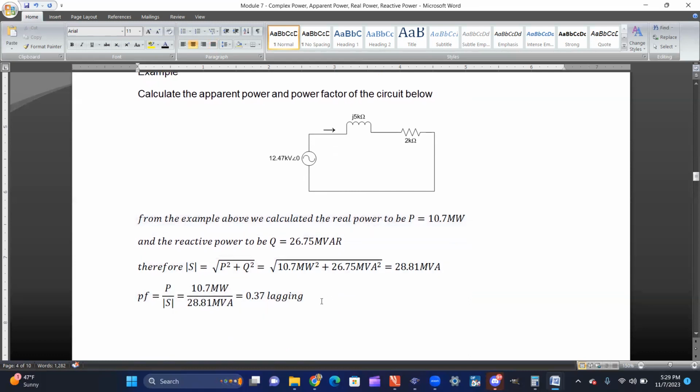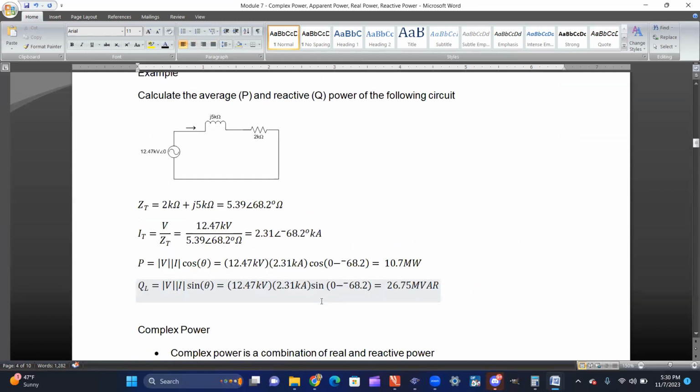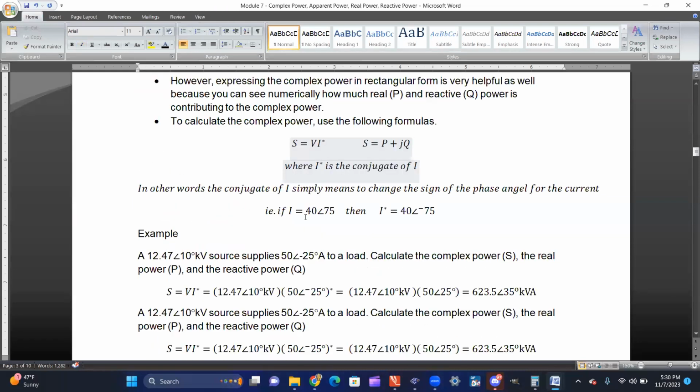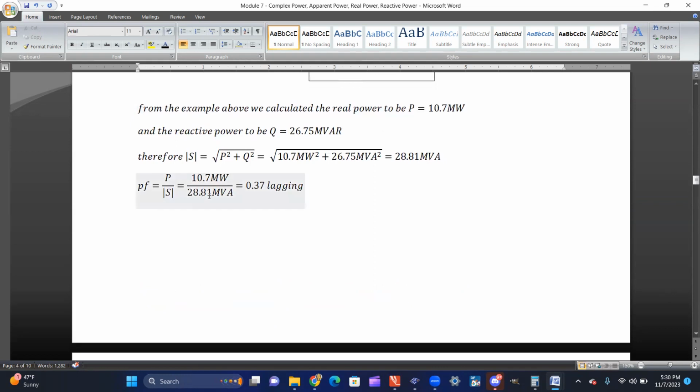When you compare this to your impedance that we calculated, like what we learned in earlier modules, if you take the cosine of the angle of your total impedance, the cosine of 68.2, you would get the same value, which is 0.37.